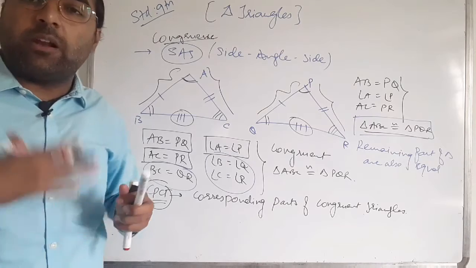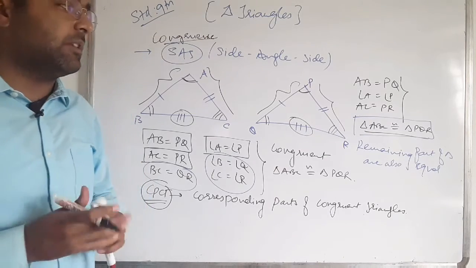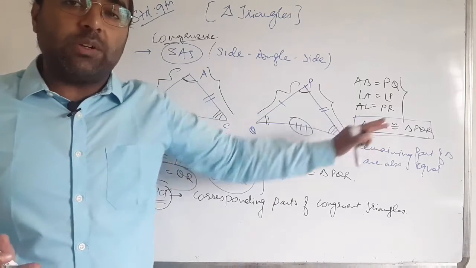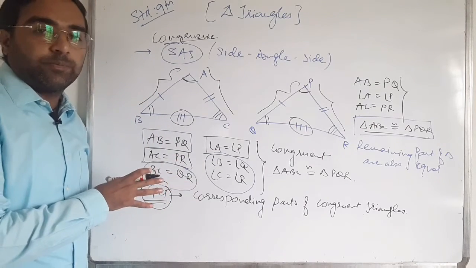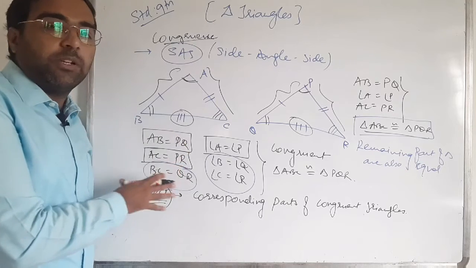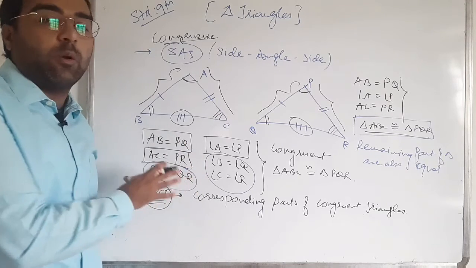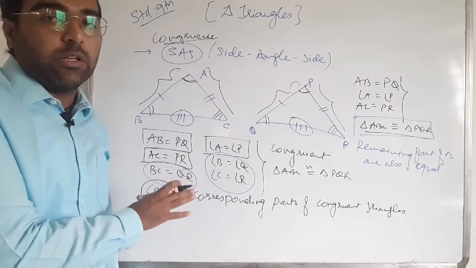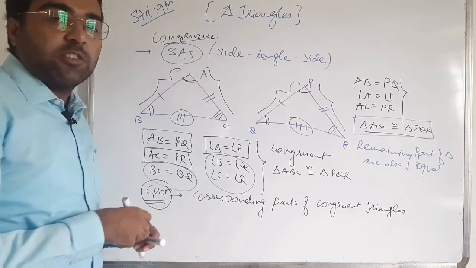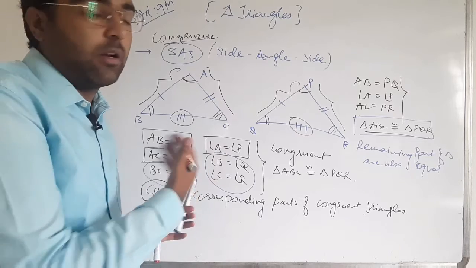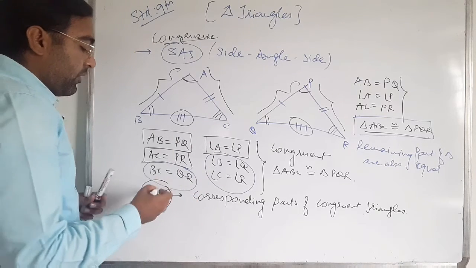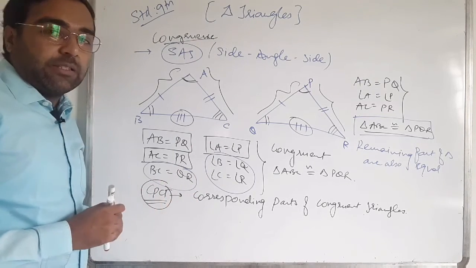I'll repeat one thing again and again: if both triangles are congruent, then the remaining parts of the triangles are also equal to each other, with their corresponding sides and corresponding angles of the other triangle. That's why we write by the CPCT rule.